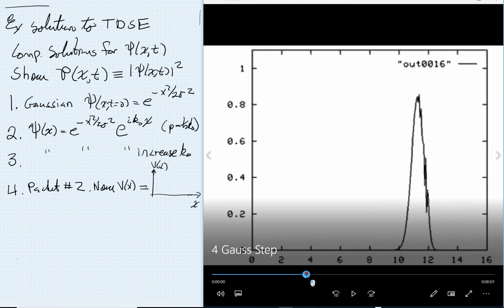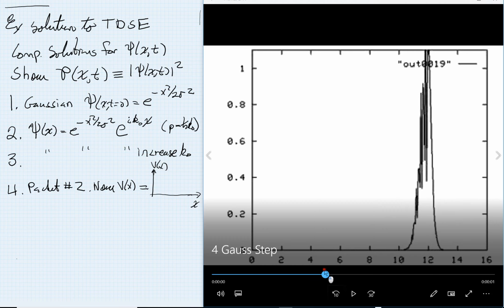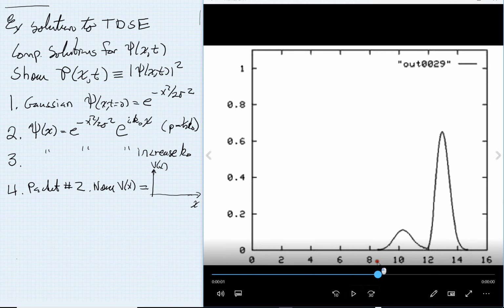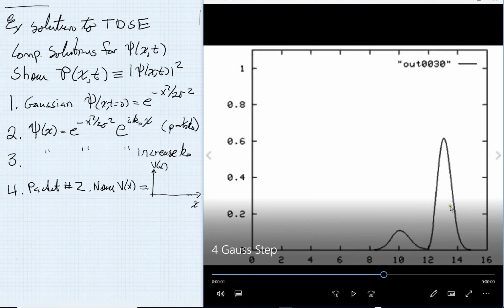But as time goes on, I get more of this interference, and then after a while, somewhere around here, suddenly I now have 2 Gaussian packets. One of these packets continues moving along to the right. You might notice, by the way, that it's moving more slowly than the packets seem to move on this side.